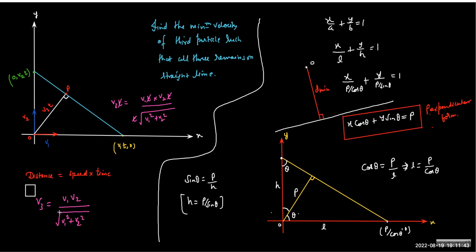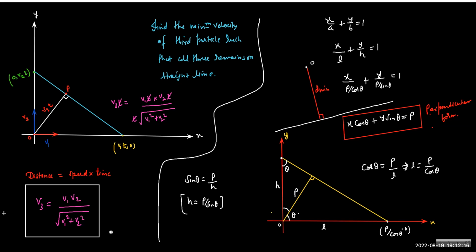Now this is the challenging problem. So you were supposed to find the V3, which is always perpendicular to the line joining the V1 and V2, the first person and the second person. And the minimum velocity, the velocity with which you must move is V1 V2 upon under root of V1 square plus V2 square.